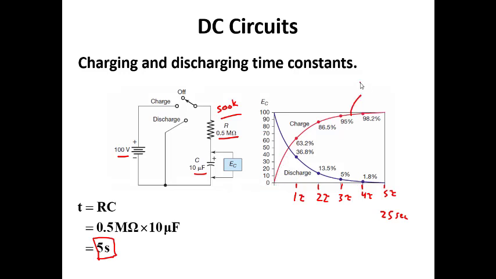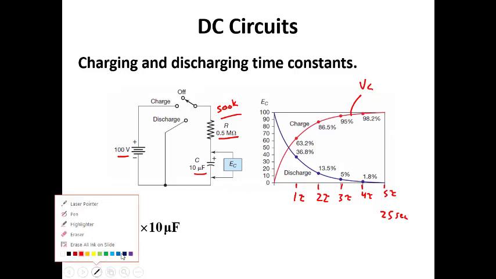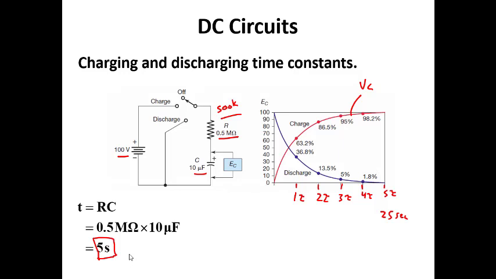The red line here is the voltage across the capacitor. The kind of purple line here, this would be the voltage across the resistor. And so what we're going to see is that as soon as we close the switch, so we go to charge, the voltage across the resistor would be 100 volts.